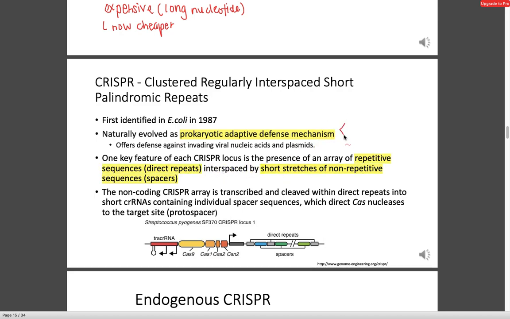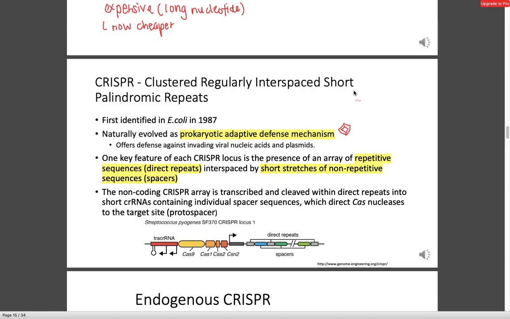So basically it's actually a repetitive sequence, CRISPR. People found out that in E. coli during that time, there are repetitive sequences that are responsible for initiation of a transcription process of a DNA. So meaning that this sequence has some function for that particular organism.